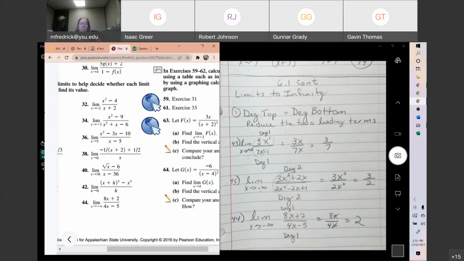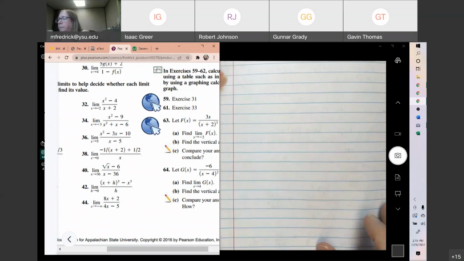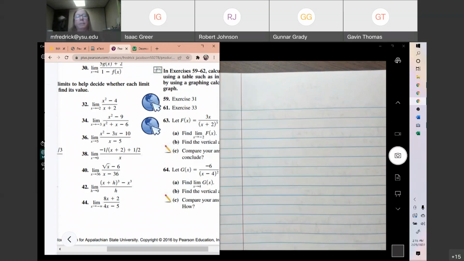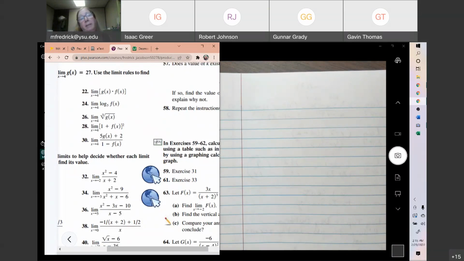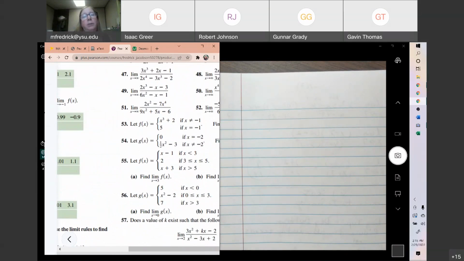Any questions? So when the degree of the top and the bottom is the same, just reduce the 2 largest degree terms. The next one, and maybe even a little easier, is when the degree on the bottom is larger.